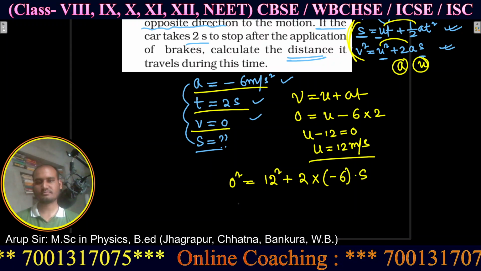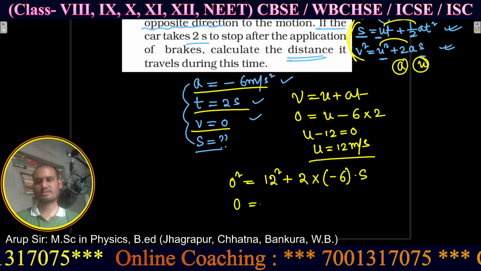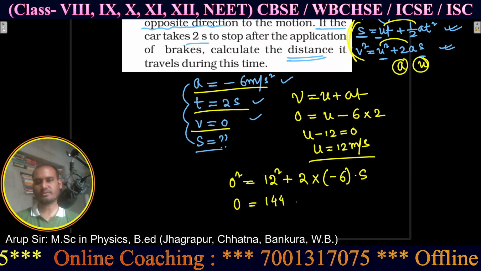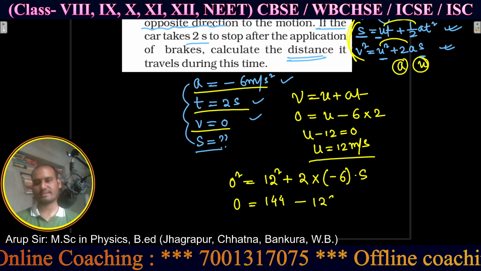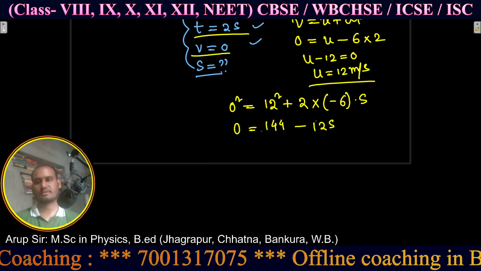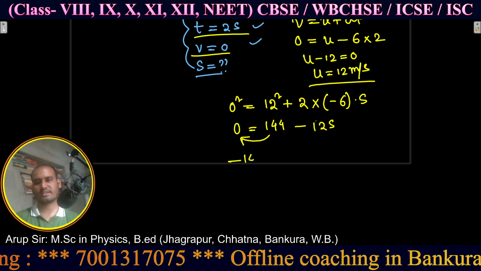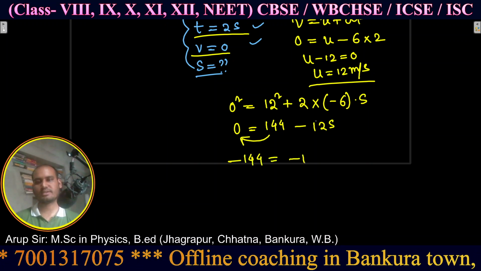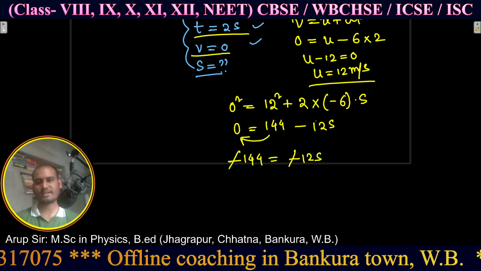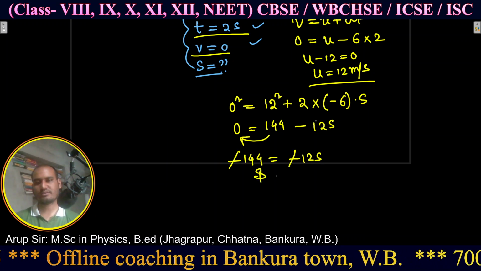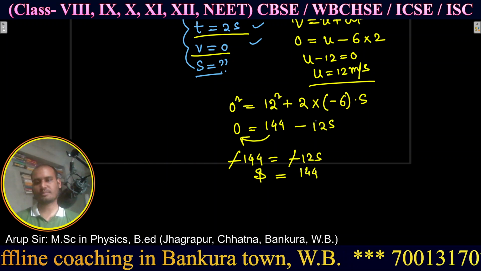So 0 equals 144 minus 12S. Bring this to this side, it gives minus 144 equals minus 12S, the minus signs cancel out. Now S equals 144 by 12.